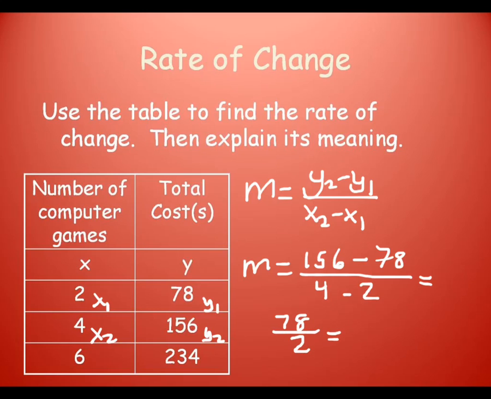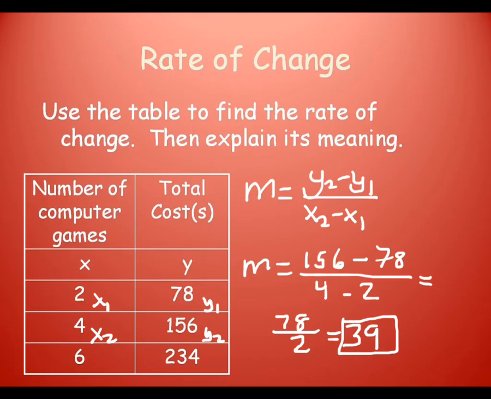And 78 divided by 2 is 39. So that means the rate of change that these games are going up is 39, or in this case, $39, right? One game would be $39. 2 would be 78. 3 of them would be 78 plus 39. 4 of them would be 156. 5 of them would be 39 more than this. It's going up by a constant rate of 39.